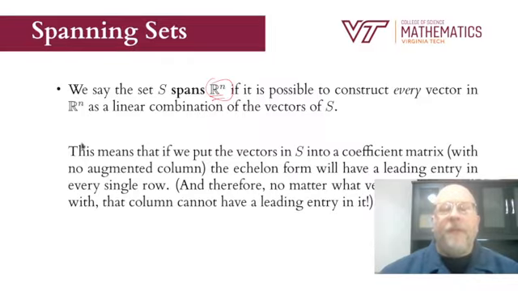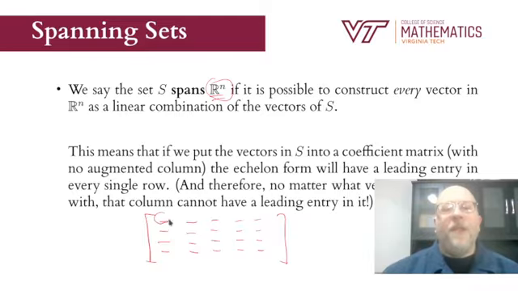This means that if we put the vectors in S into a coefficient matrix with no augmented column, then the echelon form will have a leading entry in every single row.